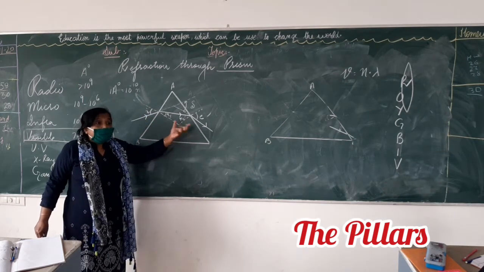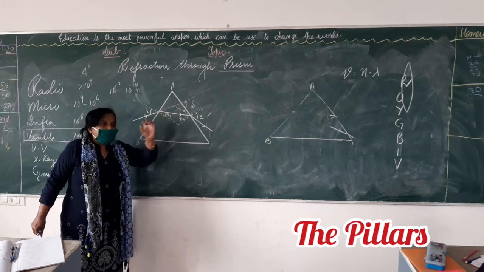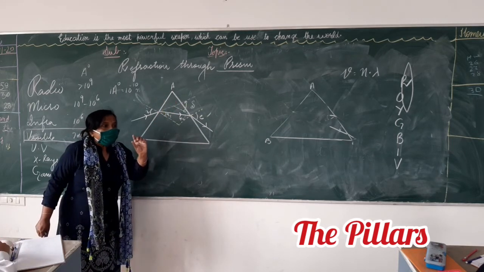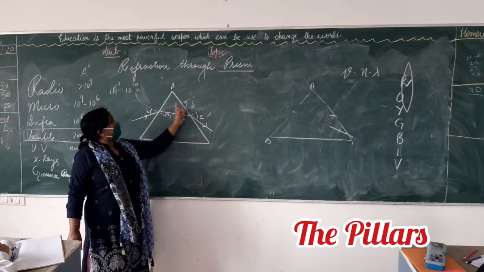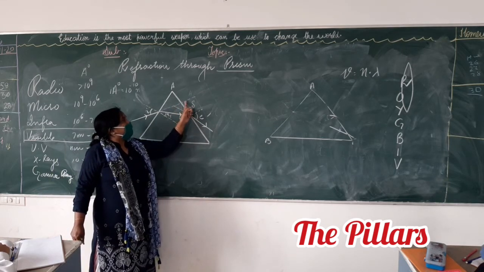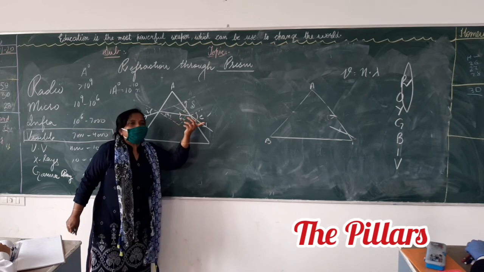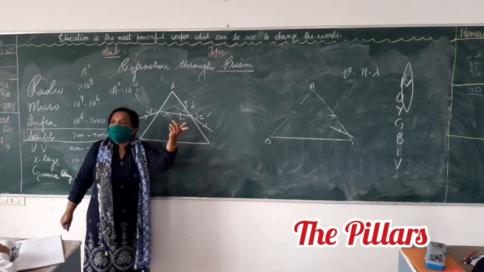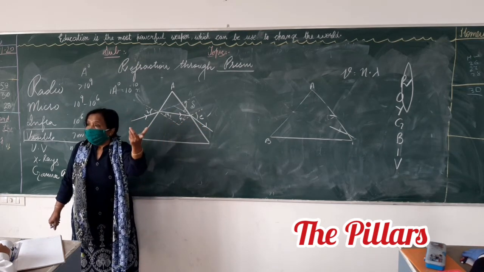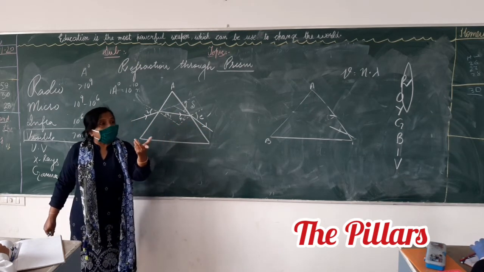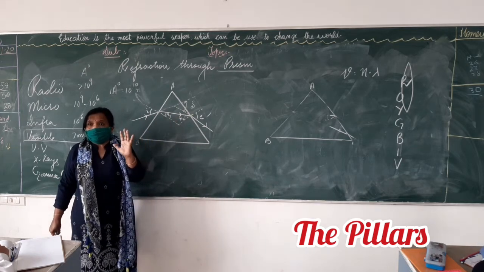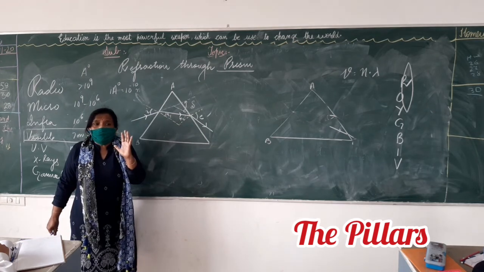Here it is getting deviated by some angle. Clear, children? You may get a question. This ray diagram will be given to you and this angle will be marked. What is this? Deviation, delta. What is the angle between the incident ray and the emergent ray called? Angle of deviation.